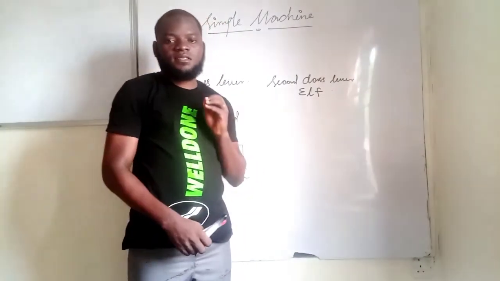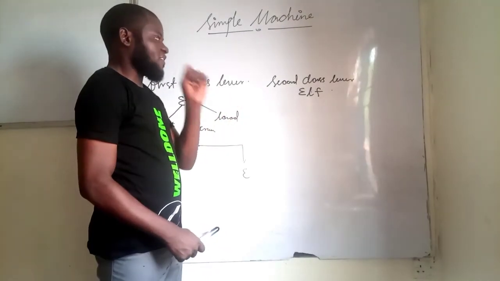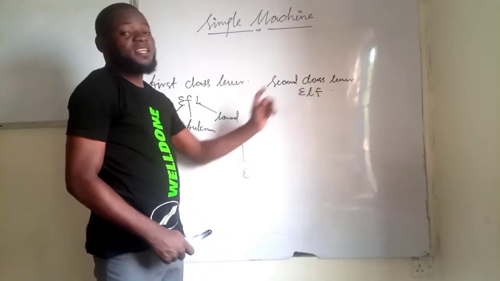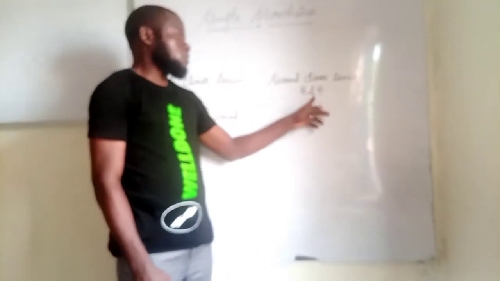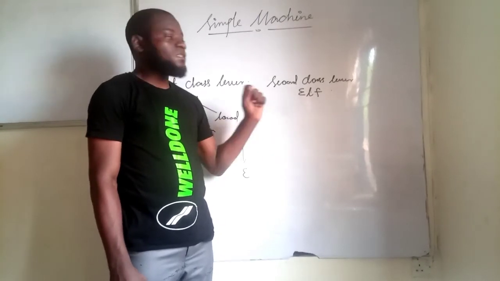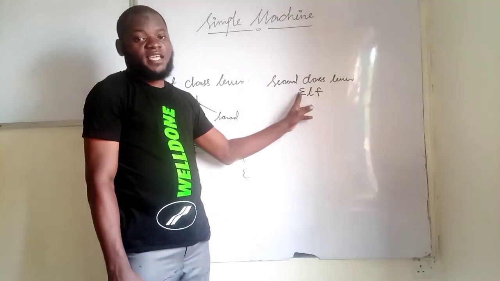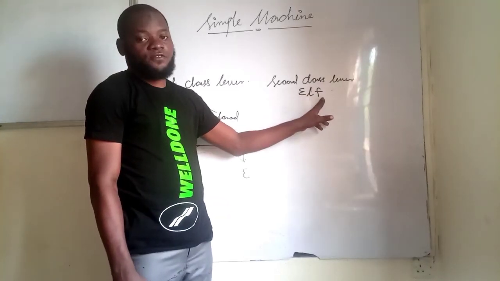When you talk about the second class level, we need to understand that the characteristic is that the load is in between the effort and the fulcrum. This is effort, this is load, and this is the fulcrum.